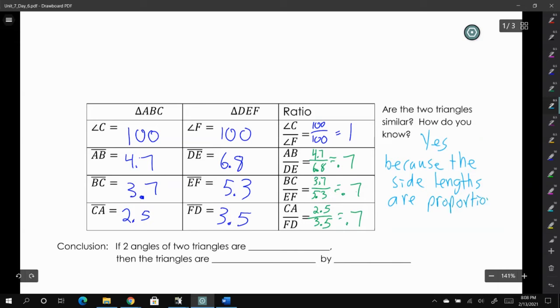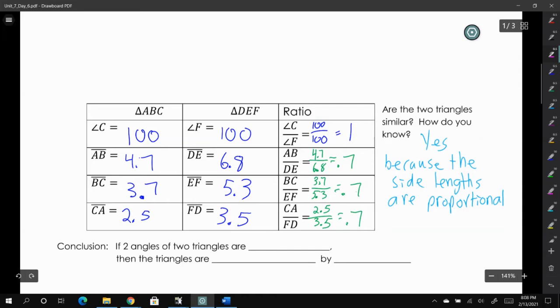And again, you may be saying, well, they weren't exactly 0.7 all the way down. Well, the software isn't perfect. When I draw things and measure them with the software, the way that the software rounds the numbers is a little bit off. So that could mess up my ratios. If you were measuring this with a protractor or ruler, you might find the same issues.